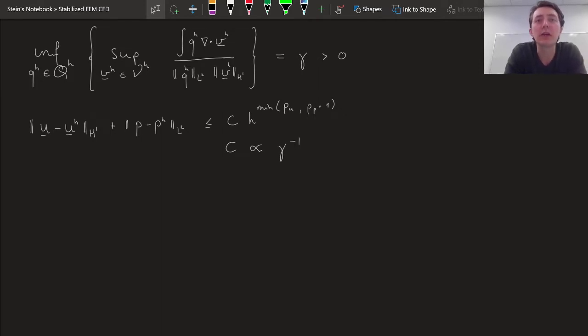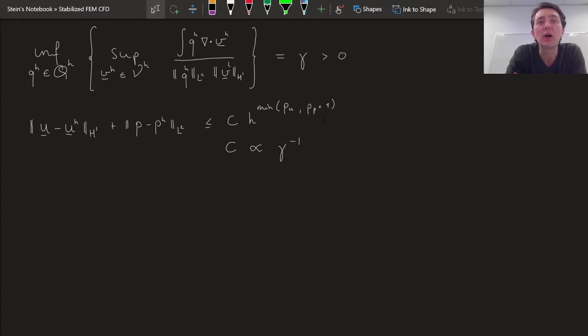And so this already kind of illustrates that you get sort of optimal behavior if your space of velocities is one order higher than your space of pressures, because then that minimum is attained for both p_u and p_p plus 1, that's the same value at that point, so we're not wasting any degrees of freedom in a sense. And our Inf-sup constant shows up in the C in front of this h. That's our constant of proportionality.